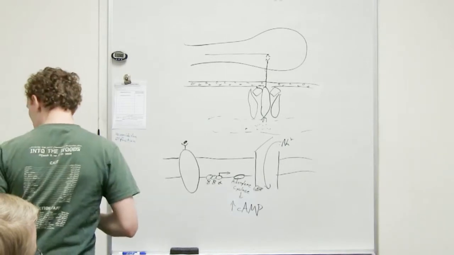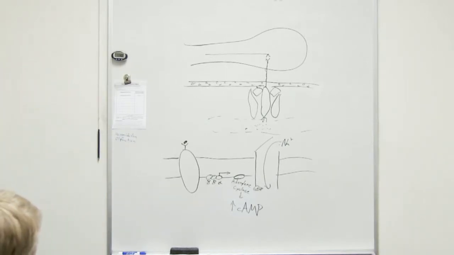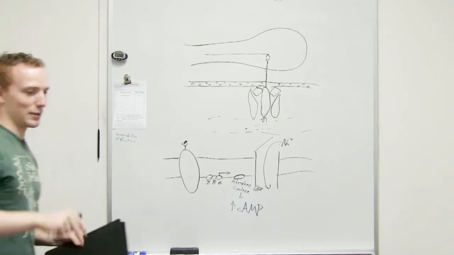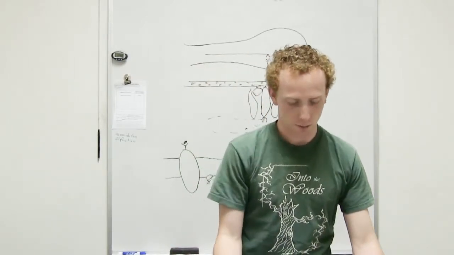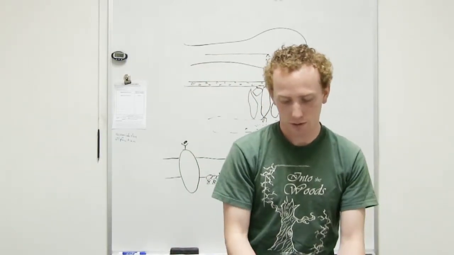Real quick, what cranial nerve is it traveling down? The olfactory nerve. Which is number? It's one of the first three. It's number one. Olfactory bulb.